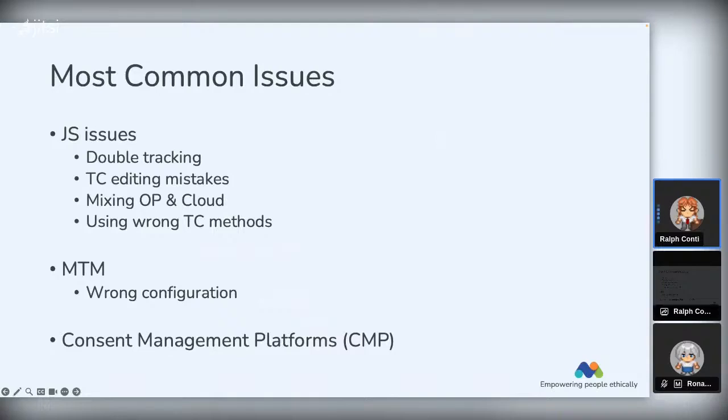As I said before, a Matomo Tag Manager issue would normally be a wrong configuration. And in regards to consent management platforms, what we usually see is the tracking codes being loaded before the actual consent is given. This is a common issue we have seen over and over again.